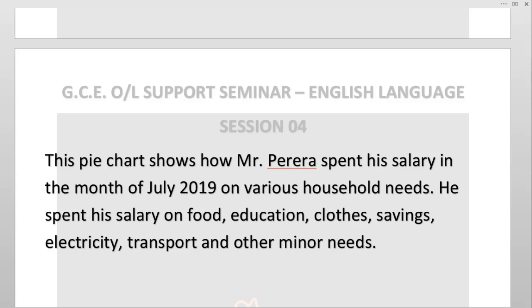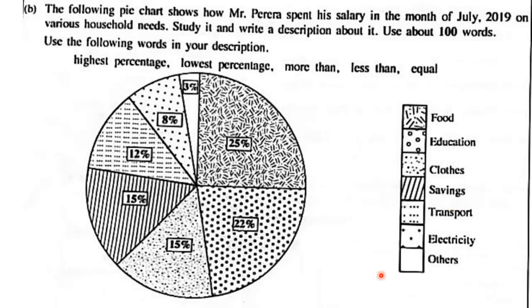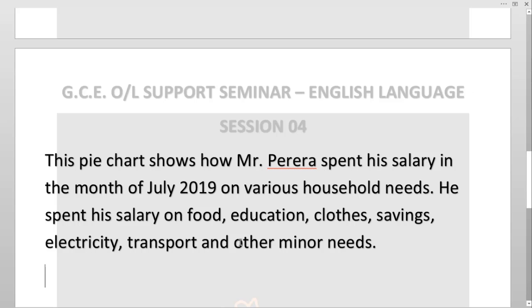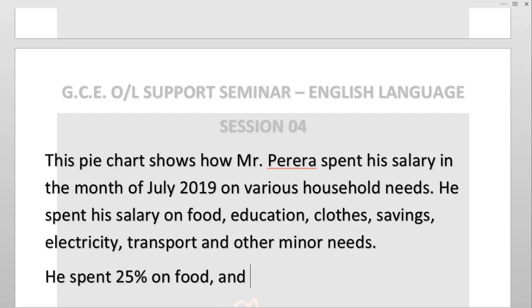Now I am going to describe the graph one by one, right? Now look at this one. I am going to say about this 25% and 22%. 25% is for food, 22% is for education. Let's start very easily. He spent how many percent? 25%, right? On food, and 22% of his salary.